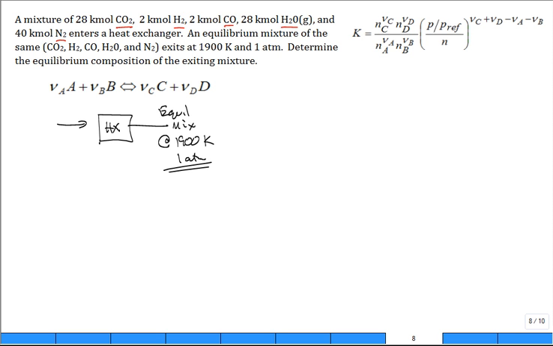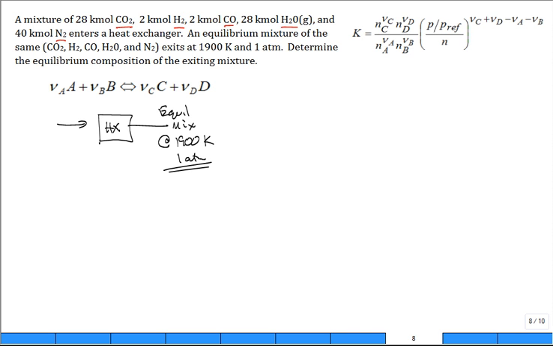True? Did they say any NO? No, they didn't. If they did say NO, then we would have a much different, more challenging problem. But at this point, N2 is inert by itself. It doesn't react.